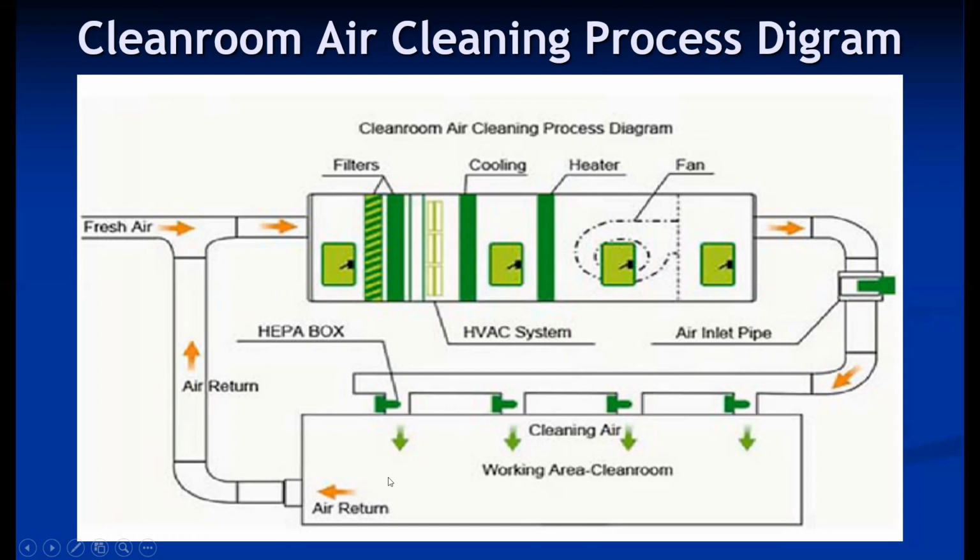Depending upon the application, HEPA filter boxes are there. Depending upon the classes, such as class 1, class 10, class 100, filters are provided, and the filtered air is supplied to the work area of the clean room. This is the return area. Some air is taken back, and some air is thrown out, exhausted.